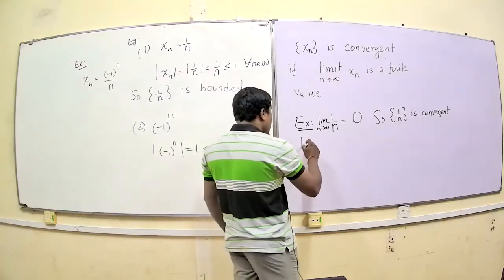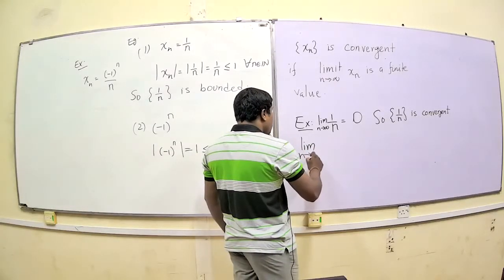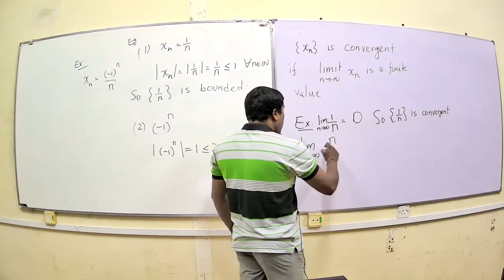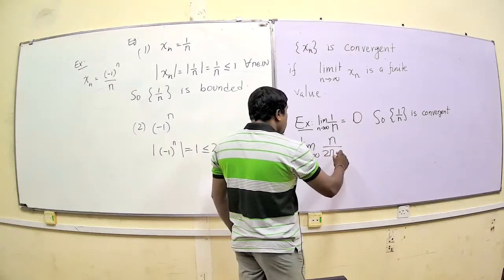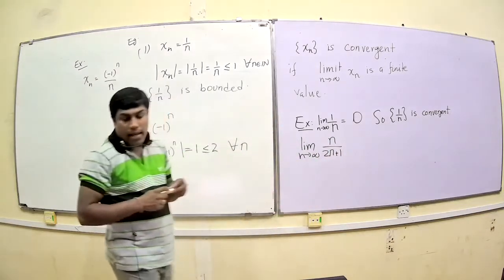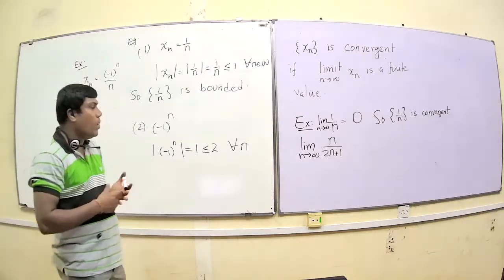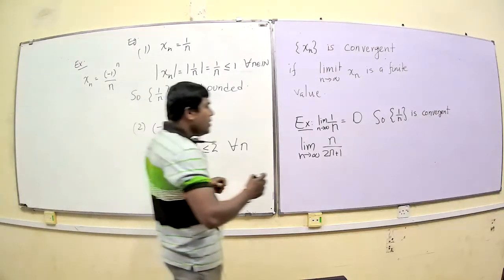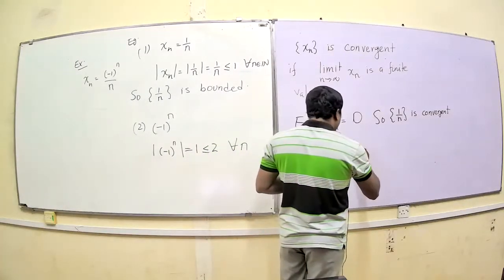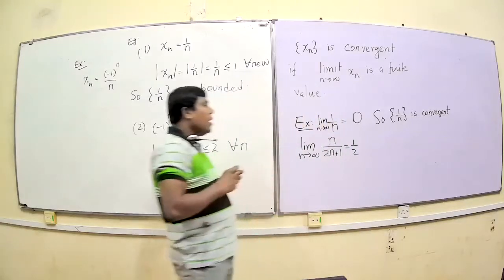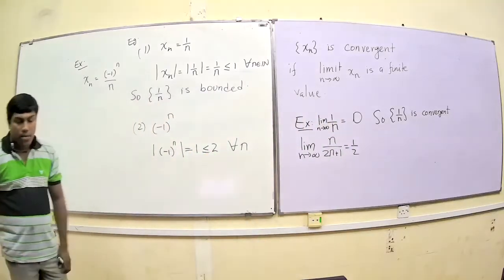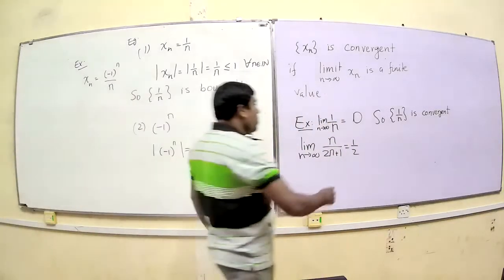Similarly, you know that limit of n goes to infinity, n over 2n plus 1, right? This is another example we saw earlier. And we have seen that this limit is equal to 1/2. So this is again a finite number.